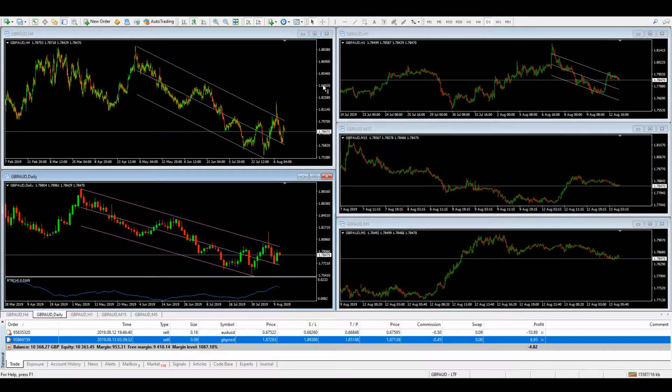Stop losses on this, if I were to trade this, I would be thinking a stop loss above these highs. So rather than going all the way above here, this lower high here, it's the same logic. It's a bit too far.